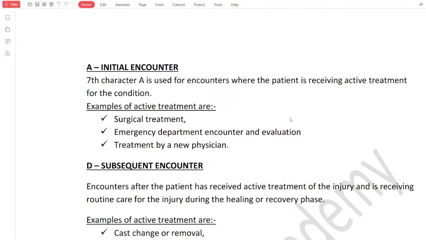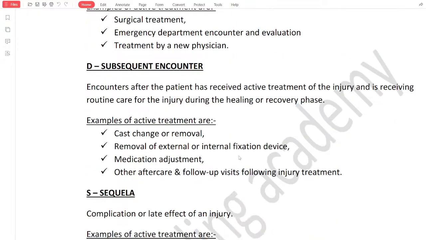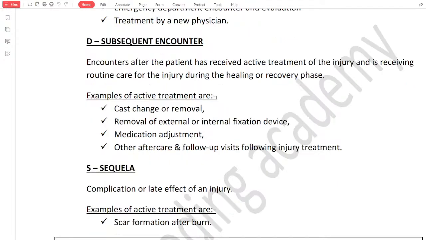So D is subsequent encounter. It is for healing purposes or routine care, routine follow-up, checkup. Examples of active treatments are cast change or removal, removal of external or internal fixation device, medication adjustment, other aftercare and follow-up visit following injury treatment.